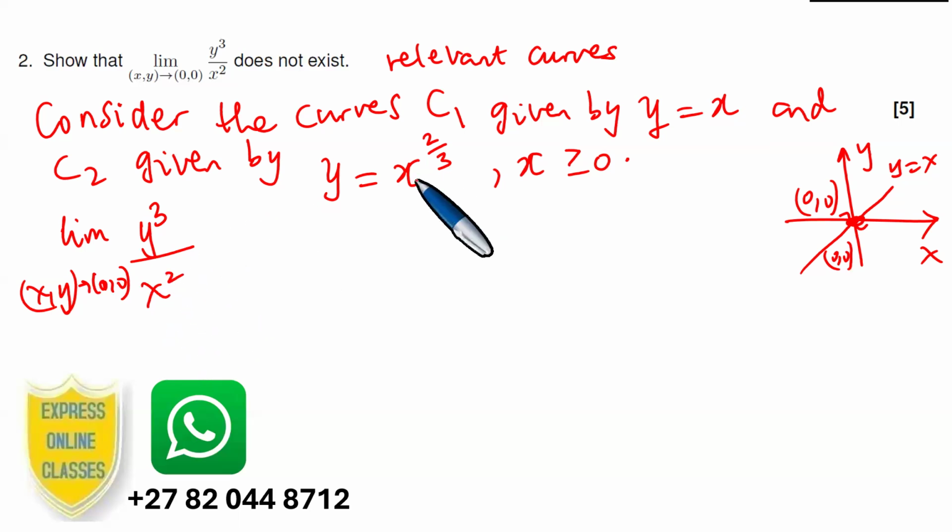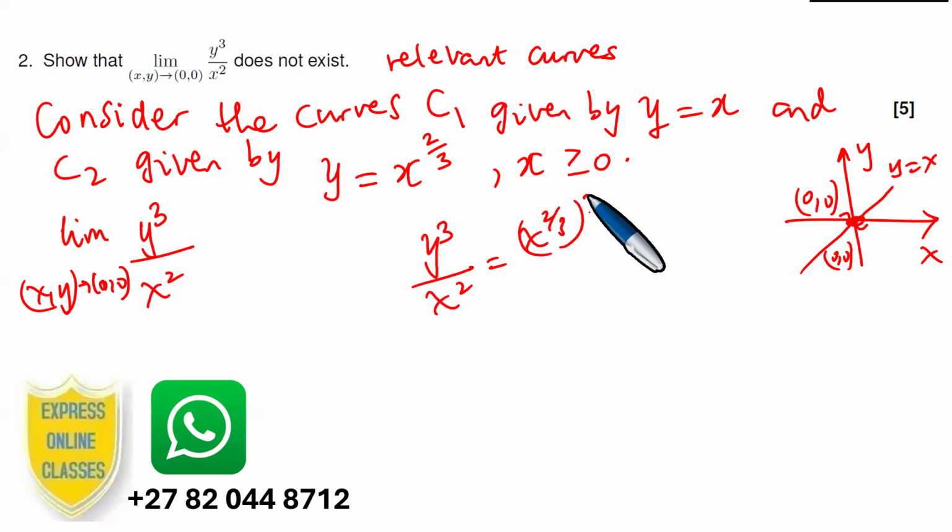You see, the choice of y equals x to the power 2 over 3 is such that when you replace y by x to the power 2 over 3, the 3 is going to cancel. You have y cubed in the denominator and x squared, and the y is x to the power 2 over 3, and then you cube it. Therefore this is x squared over x squared.